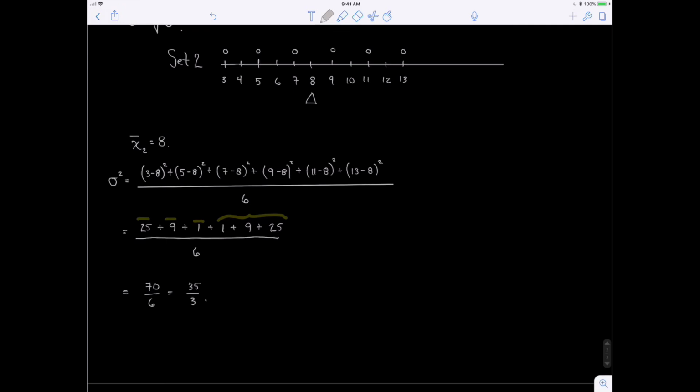Now, the easiest thing and the wisest thing is if you don't need to, then leave the variance in the fraction. And when we find our standard deviation, we'll take it from the fraction and not an approximated decimal, and we'll get a better result that way. So you take the square root of 35 thirds.